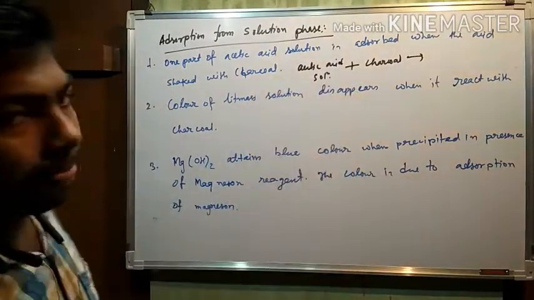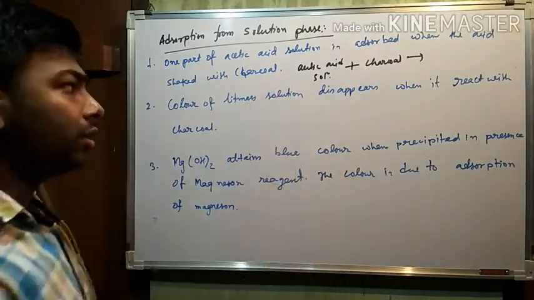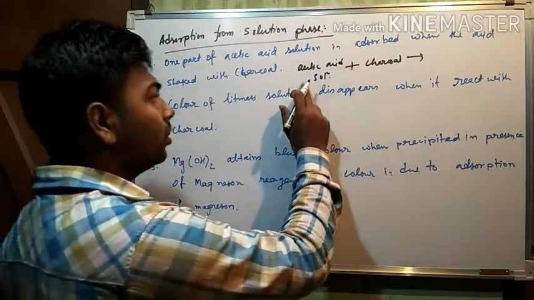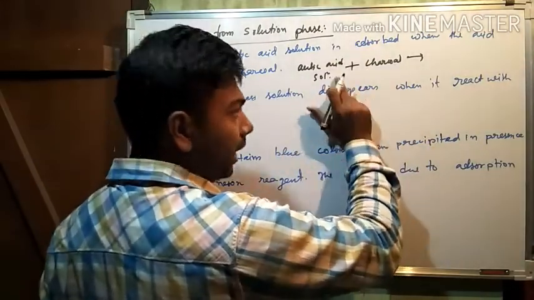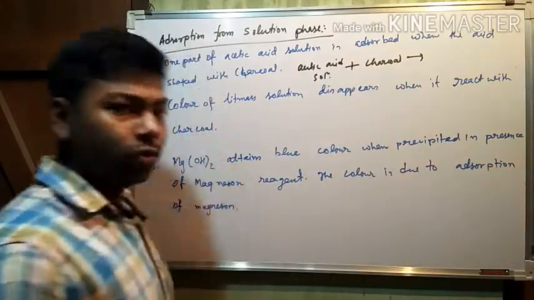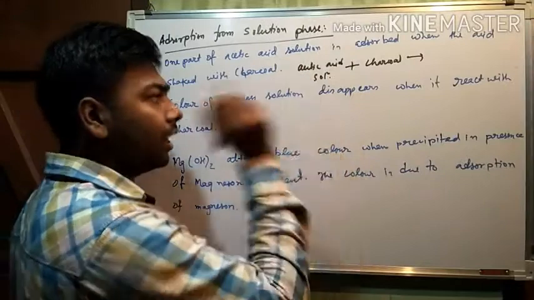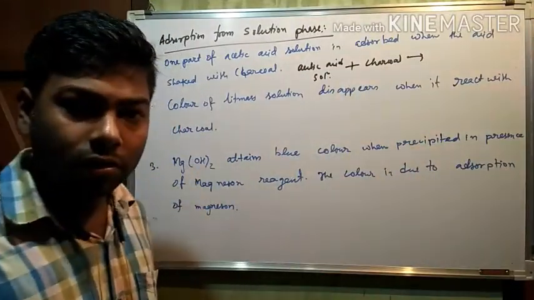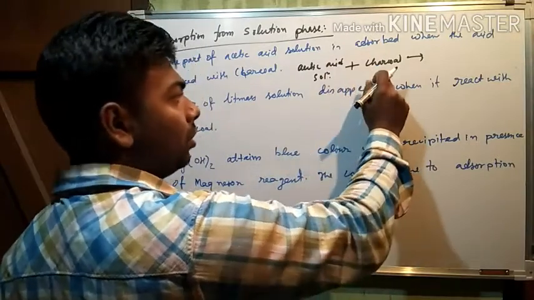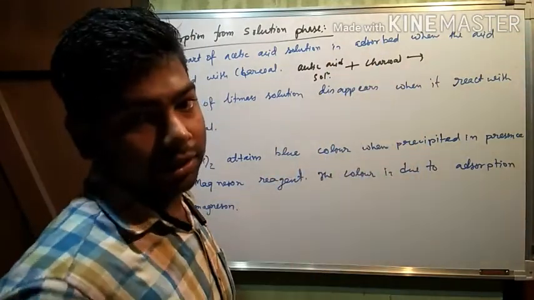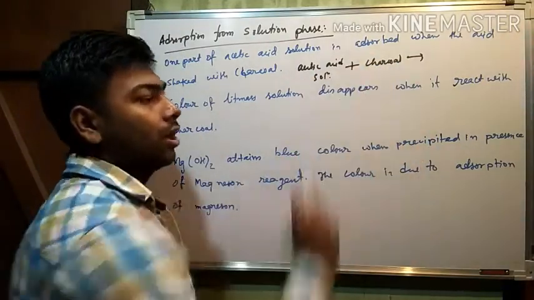That means some amount of acetic acid is adsorbed on charcoal, no? That's why the concentration of acetic acid decreases when we shake with charcoal. That means acetic acid is adsorbing on the charcoal.